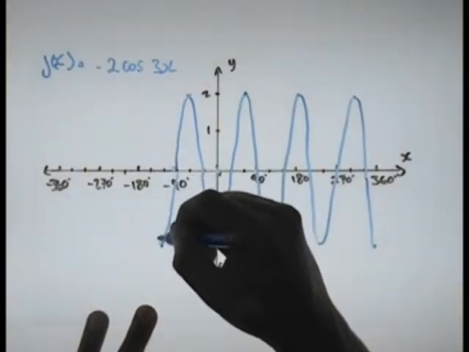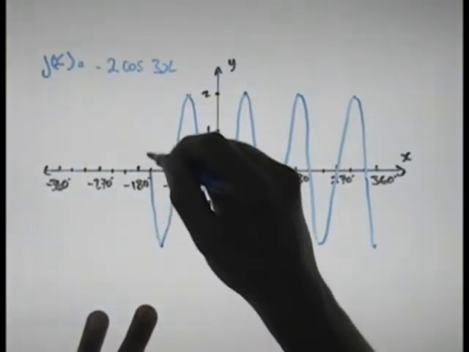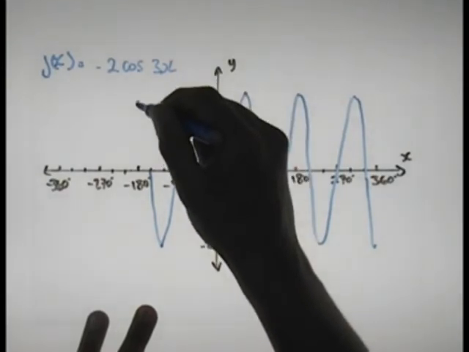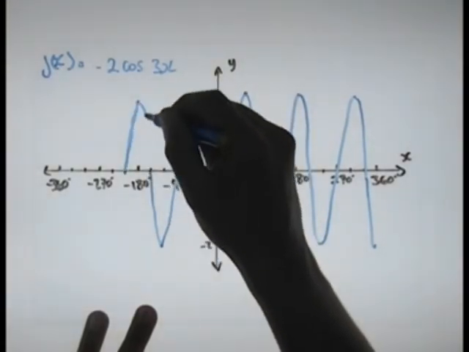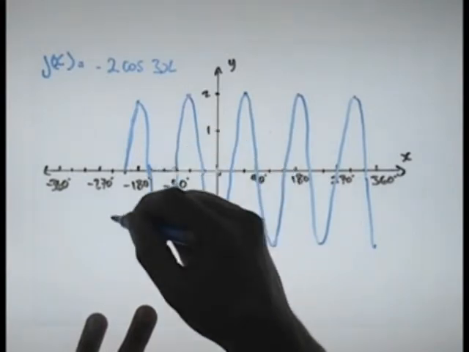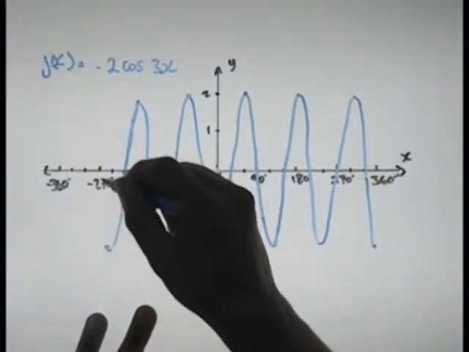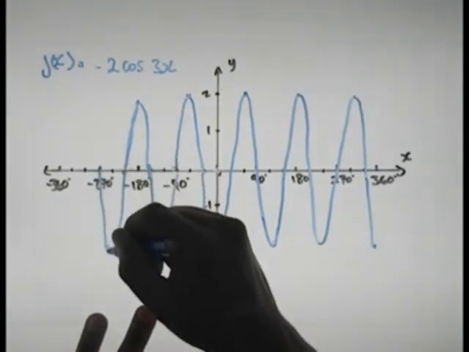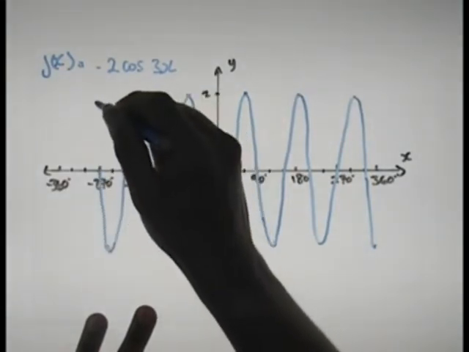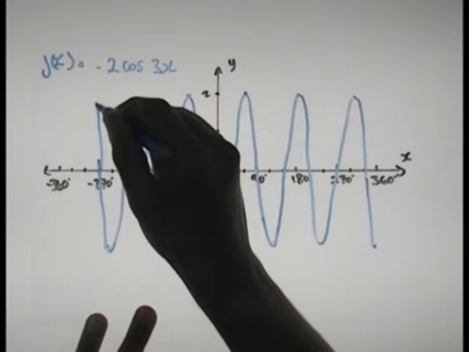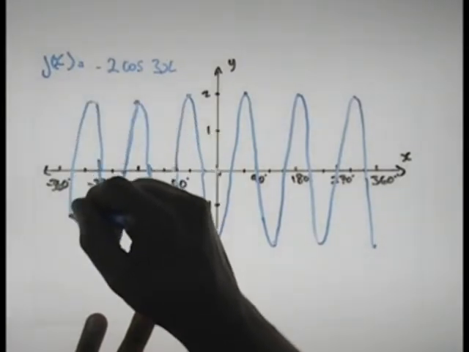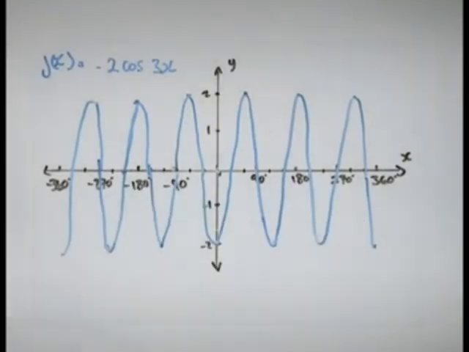After I'm done with this, I'm going to sketch the standard cos graph, and I want you to see what a huge transformation it is. Remember, I said that there are 3 transformations that have happened in one. Now the standard cos graph, I'm going to draw it in red.